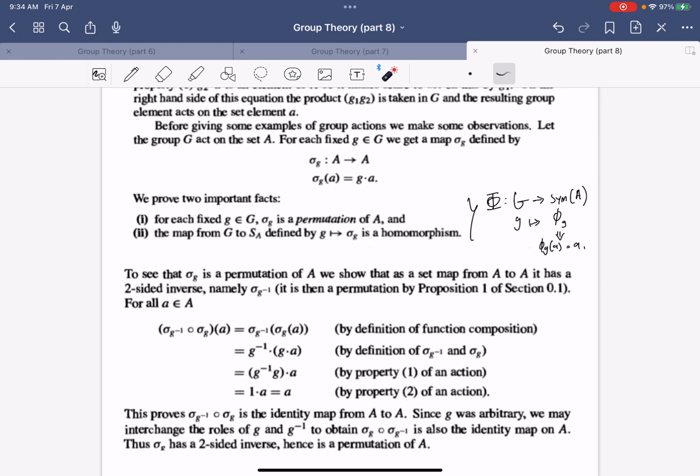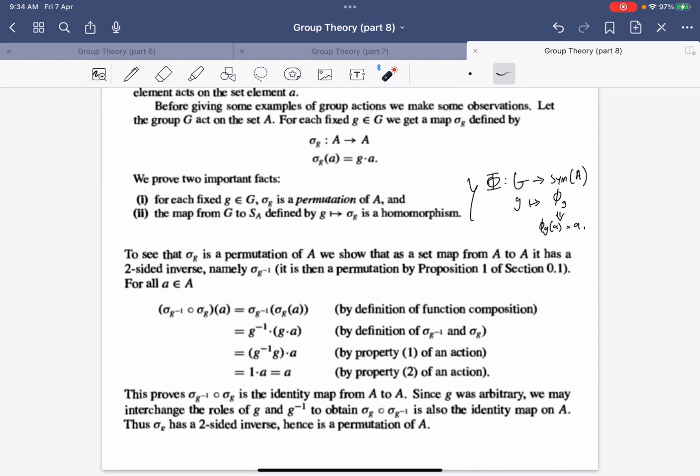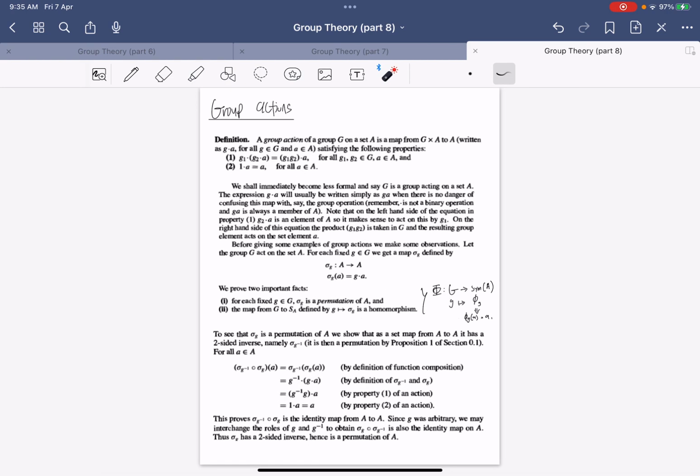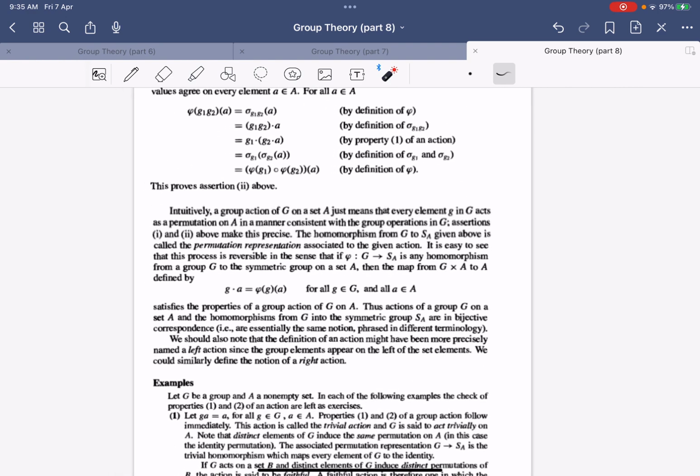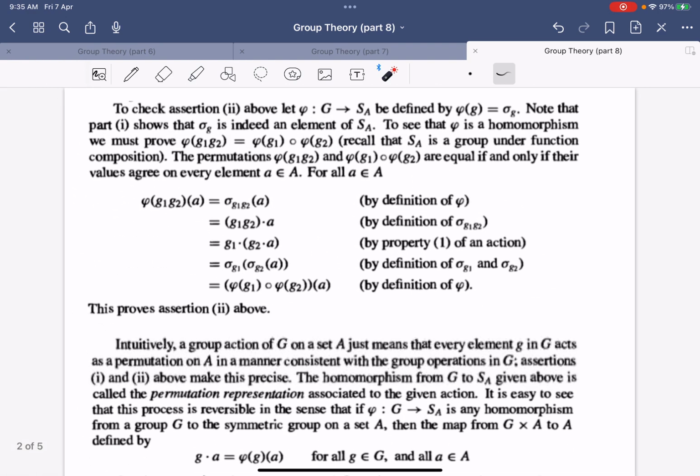So now we want to prove, first, that it is a permutation, meaning phi of G is a bijective function, and so we just need to find its inverse, and we can do so. As a result, this shows that it is bijective and hence a permutation of A. And to check the next assertion, that it is a homomorphism, you just need to show that it respects the group operation.